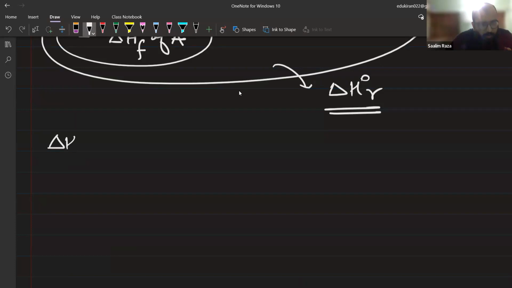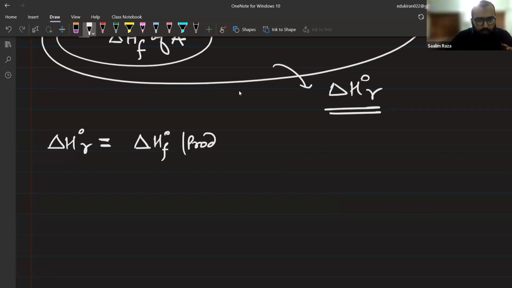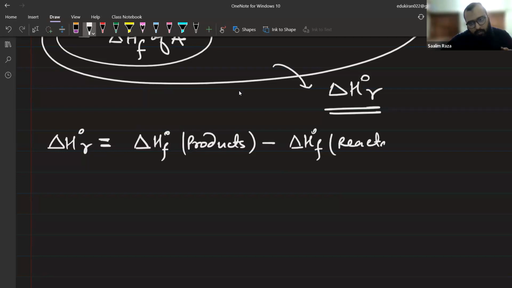Delta H naught of a reaction will be equal to delta H F naught of the product minus delta H F naught of the reactant. जो रिएक्ट कर रहा है उनका उल्टा है, मतलब डिस्ट्रॉय हो रहा है जिसका, तो उसका नेगेटिव ऑफ फॉर्मेशन, एंड whatever is getting formed उसका पॉजिटिव ऑफ फॉर्मेशन। आसान, सिंपल, यस और नो, प्लीज टेल मी। ठीक है?